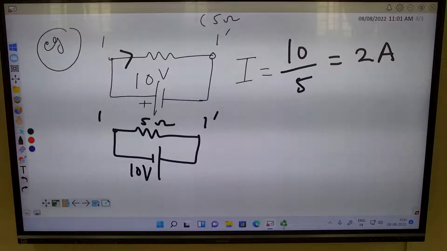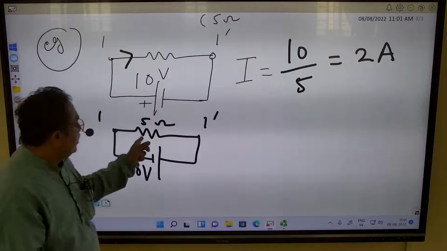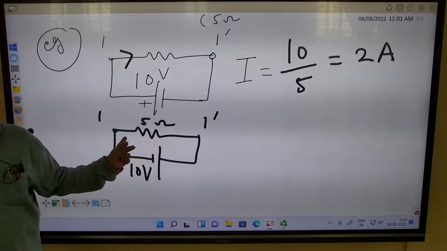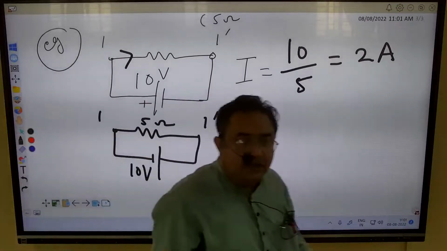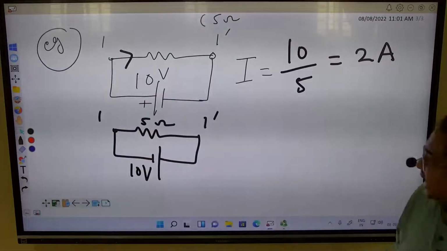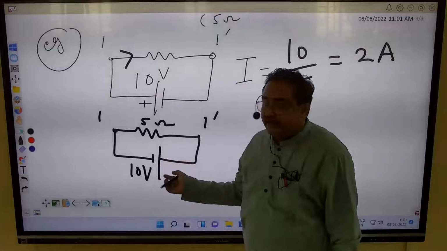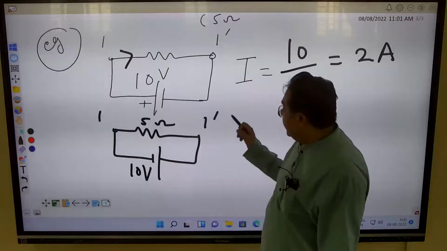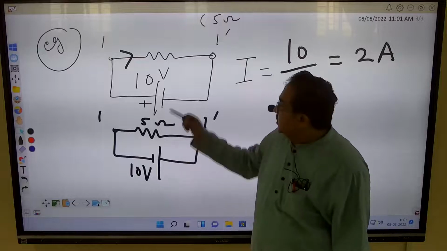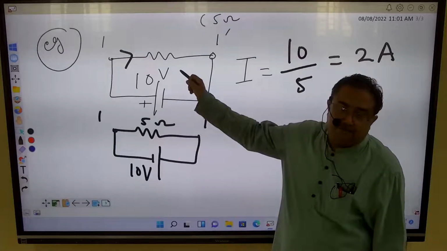I have again applied a voltage source of 10 volt to the same element resistor which is of value 5 ohm, but only a very small change I have made. What? I have reversed the polarity. That is, one terminal is connected to negative terminal of the battery and one dash is connected to positive, just opposite of the very first one.